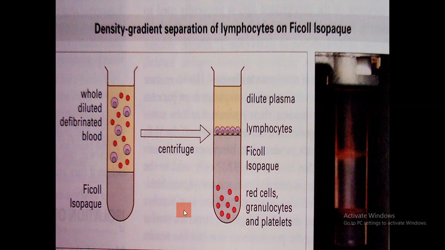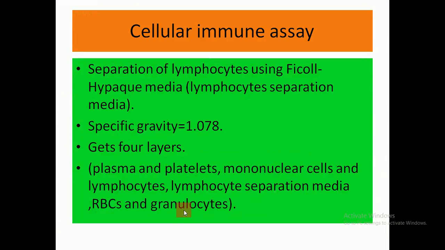So here, this is the platelets with the 4th layer. Here is the plasma only, platelets, mononuclear cells, lymphocyte separation medium, RBCs, and granulocytes.